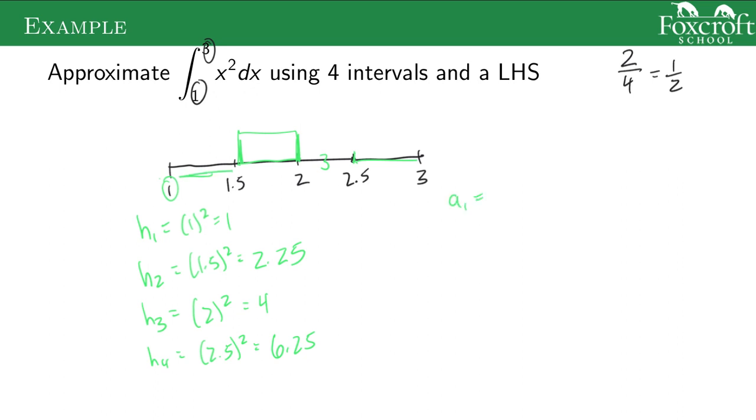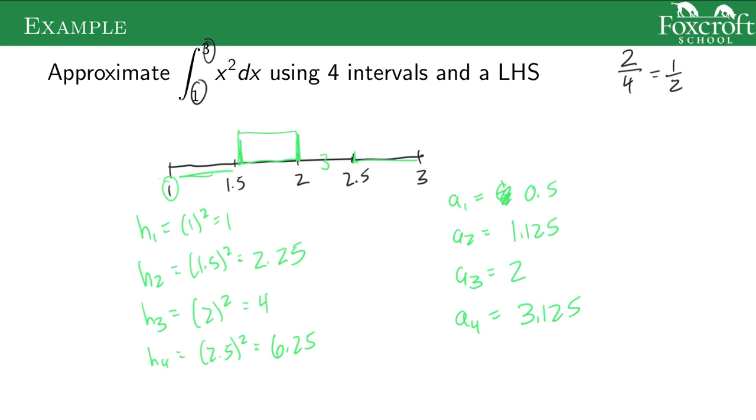So all these times 1/2. So my first area is 1/2. Let's write it as a decimal. My second area is 2.25 is the height times the width of 1/2, 1.125. The third area is going to be 2. The fourth area is 6.25 times 1/2, 3.125.